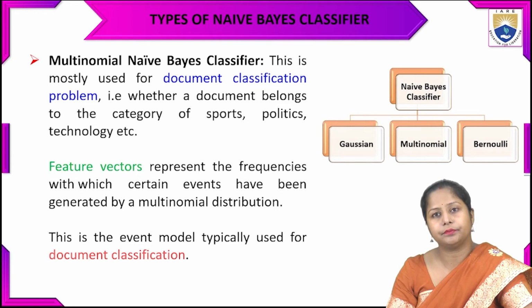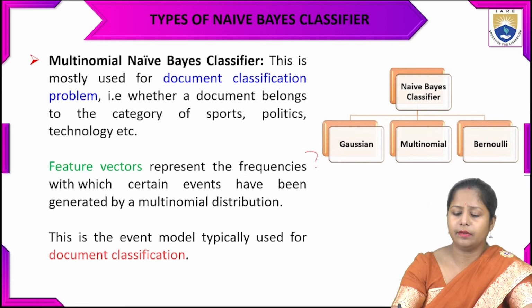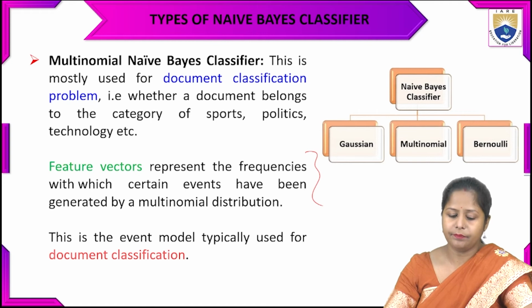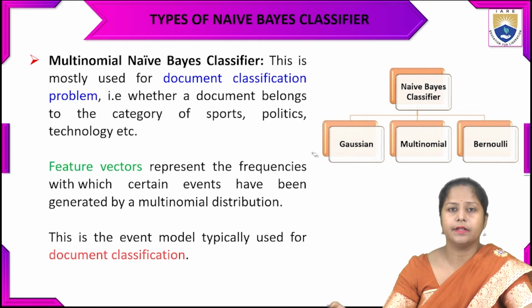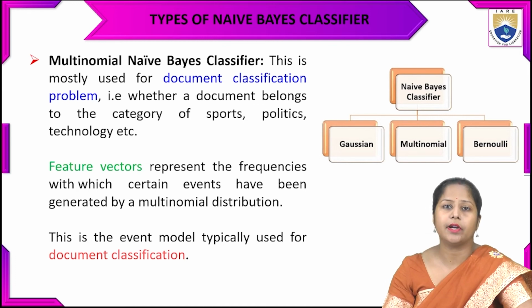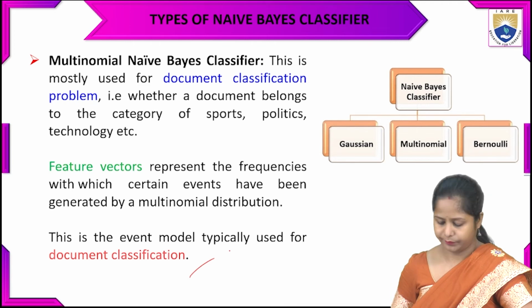In mathematical terms, it is simply a vector, and on its basis the frequency is counted, representing the frequency of certain events under the multinomial distribution. This is the event model typically used for document classification.